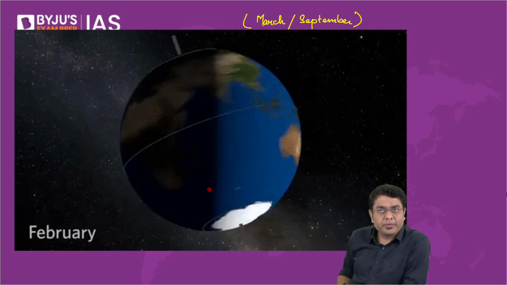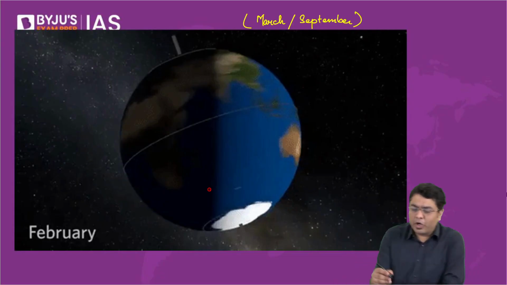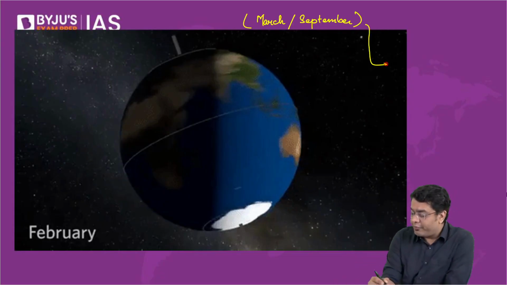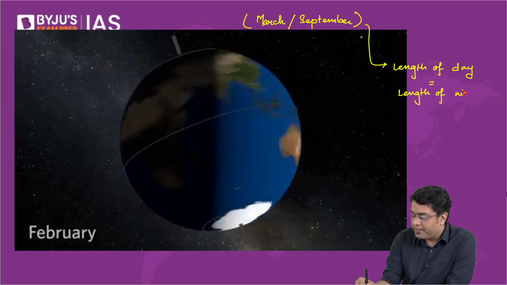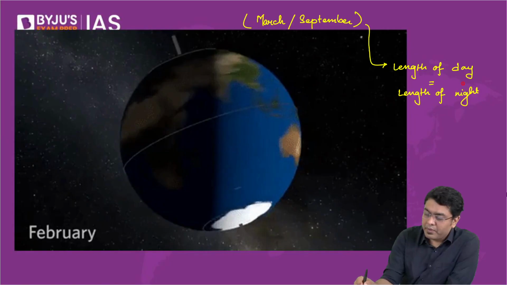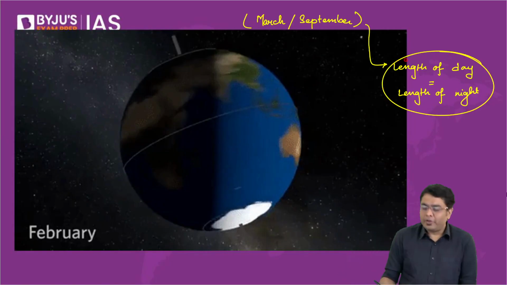So, if both the hemispheres experience equal amount of solar rays, can we not say length of day equal to length of night? Length of day is equal to length of night.